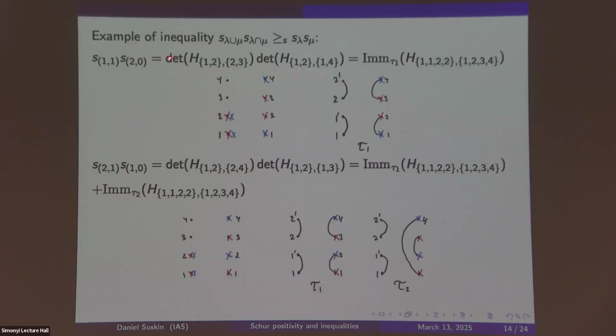And now we can take lambda union mu and lambda intersection mu. If you take the maximum of each part of lambda and mu, we get partition 2, 1. If you take the minimum of each part, we have partition 1, 0. And according to the same rule, we write it as a product of 2 determinants of the Jacobi-Trudi matrix, and then rewrite it as a sum of immanants evaluated on this generalized Jacobi-Trudi submatrix.